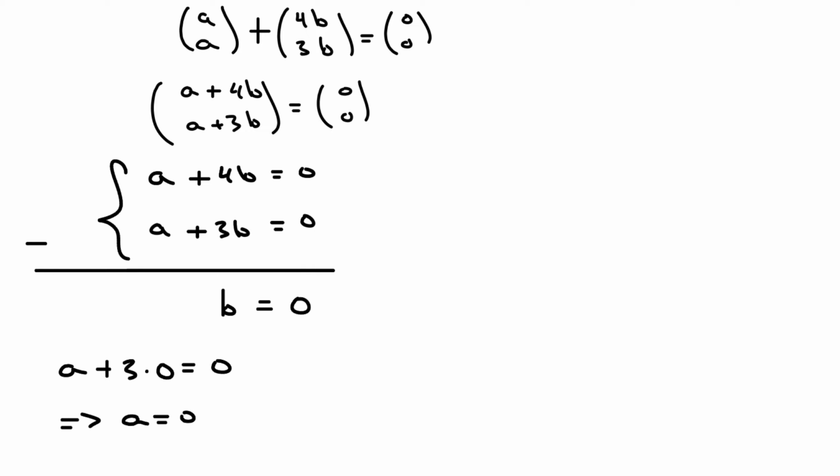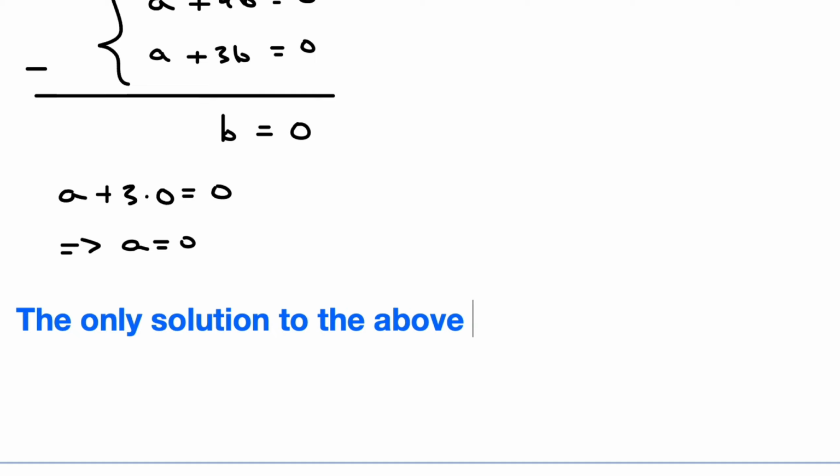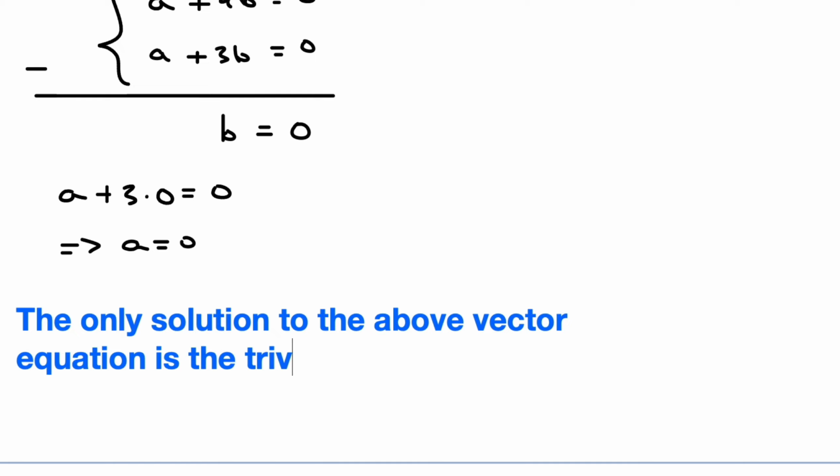So we found that the only solution to this is the trivial solution. Therefore, so let's write this down. The only solution to the above vector equation is the trivial solution, A equals B equals 0.